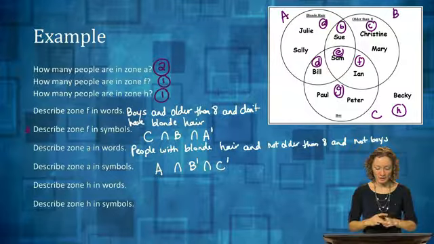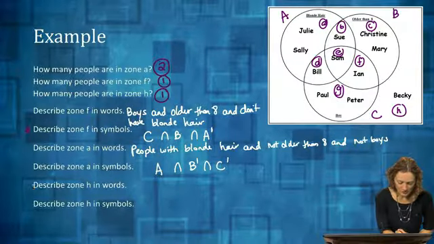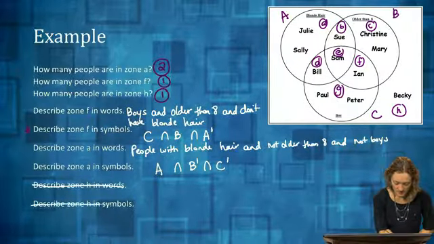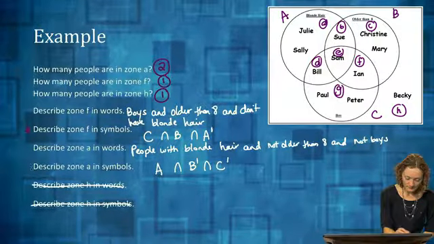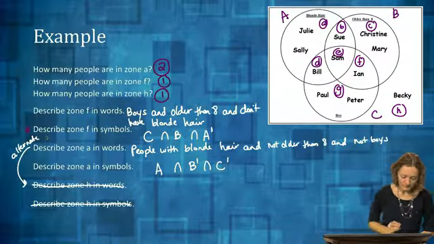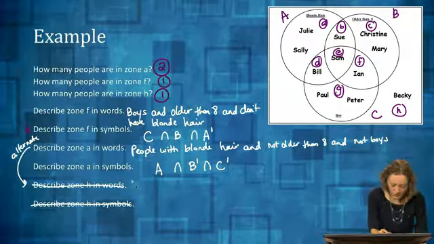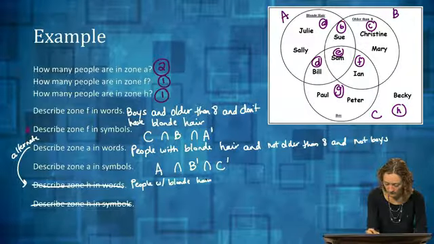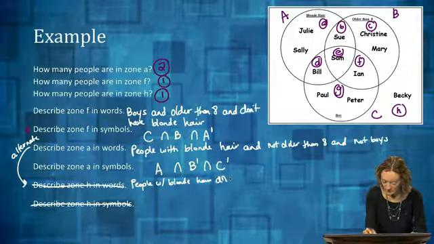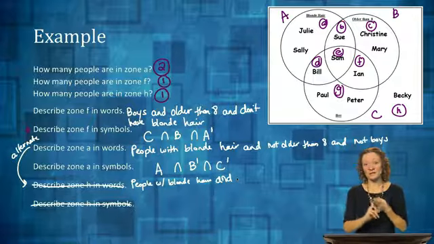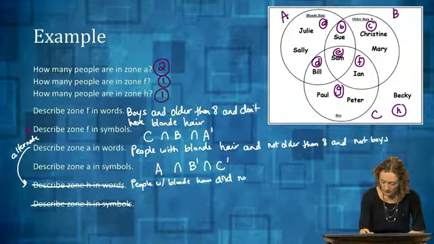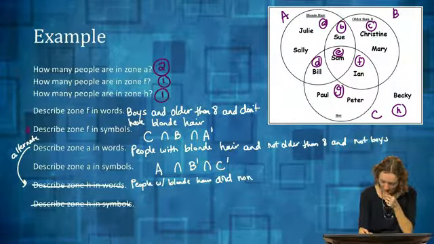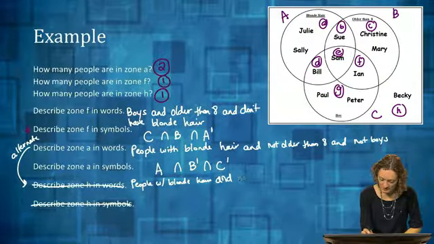Another way you could go through this description, and actually we're going to do this instead of describing zone H, this is an alternate. For zone A, you could also say people with blonde hair and people that are not older than 8 or boys.